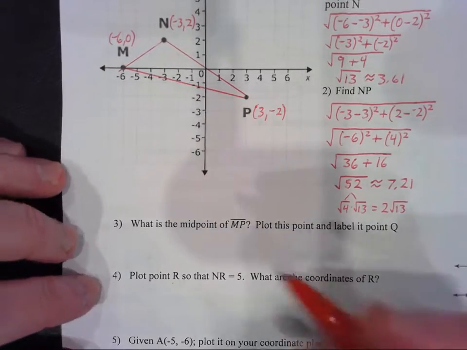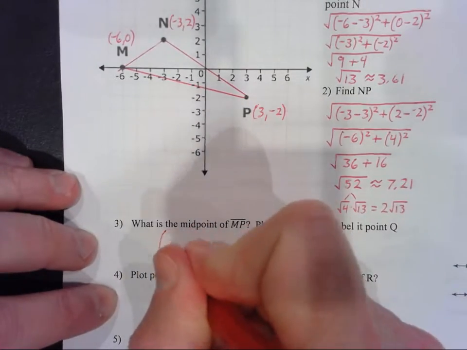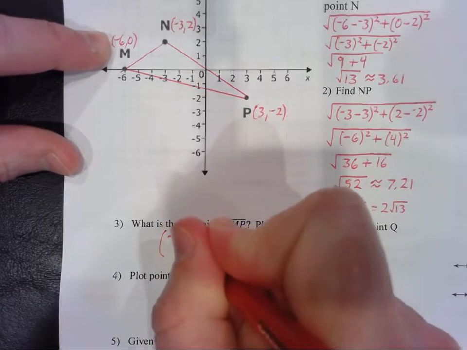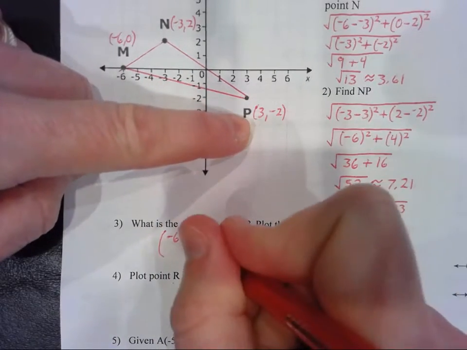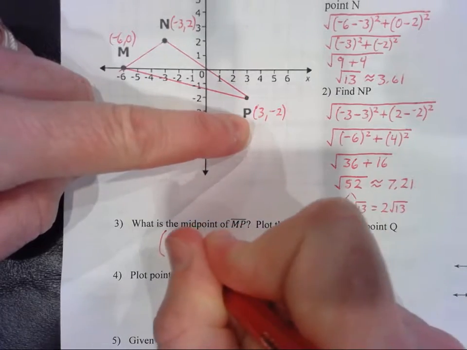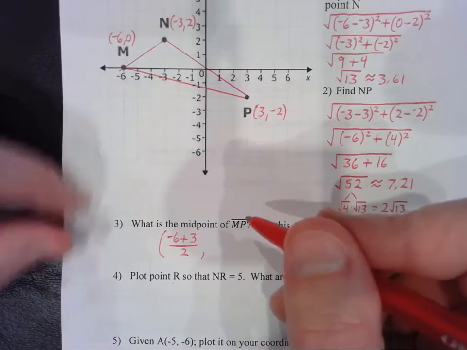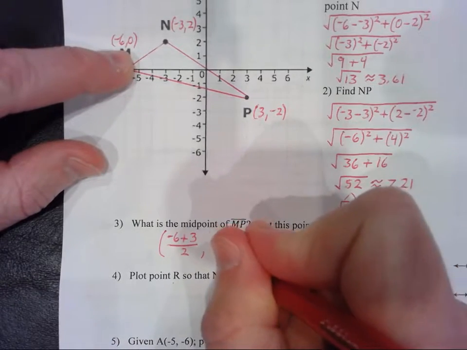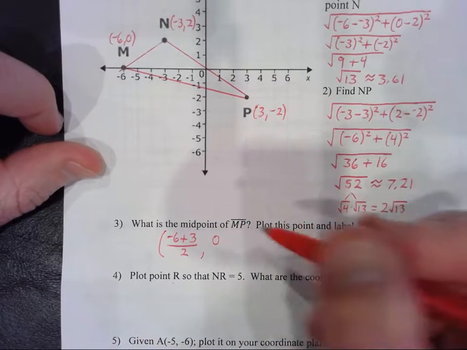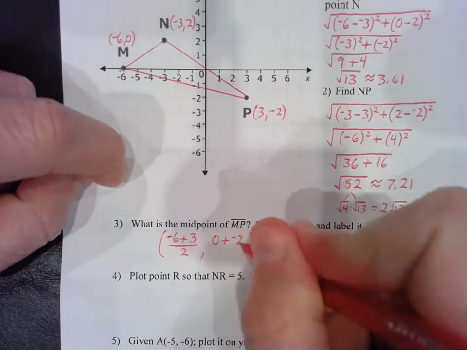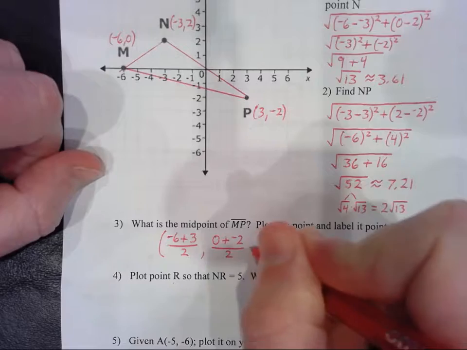So the midpoint formula takes the x-coordinate, -6, plus the x-coordinate of P, +3, and then divides that number by 2. And we do the same thing with the y-coordinates. The y-coordinate of M is 0, plus the y-coordinate of P, which is -2, divide that by 2.